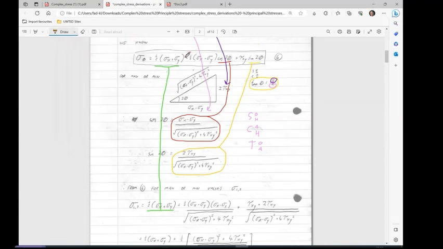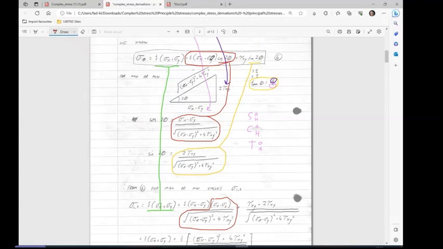a half sigma x minus sigma y cos 2 theta. Cos 2 theta, remember, is this. Okay, so that there is there, look. That's cos 2 theta. That's that. Okay, and then we've just multiplied it by a half sigma x minus sigma y.